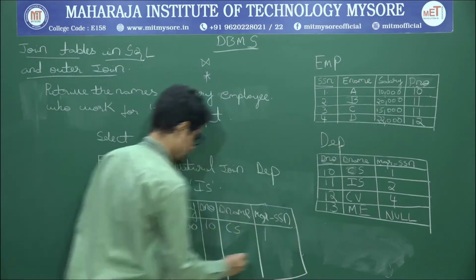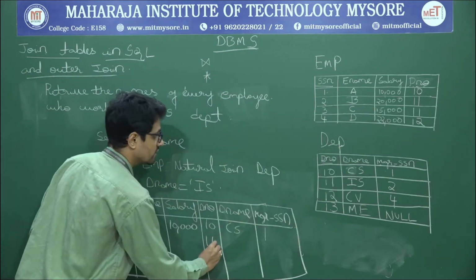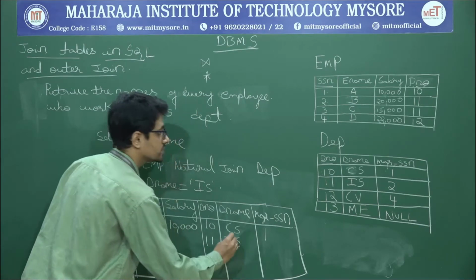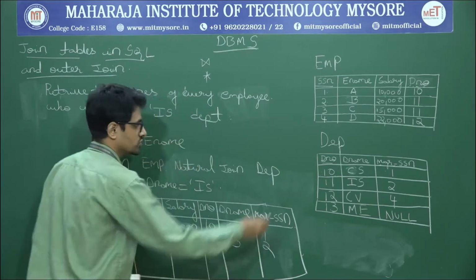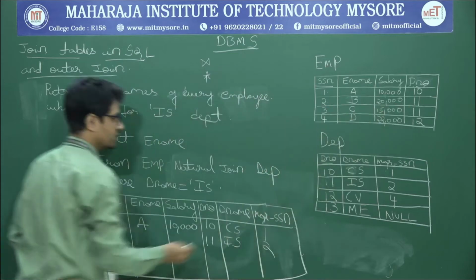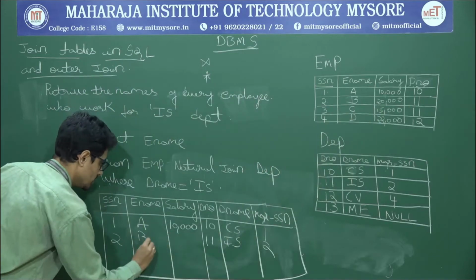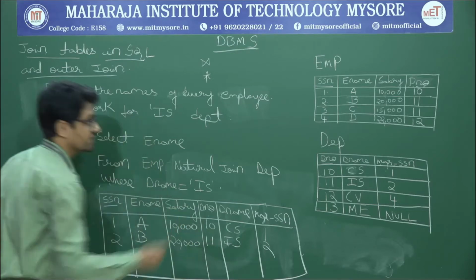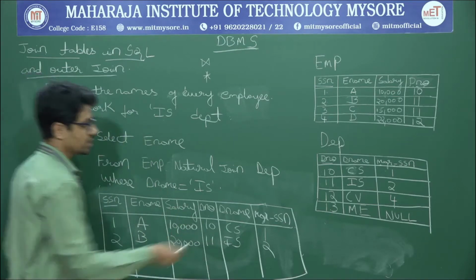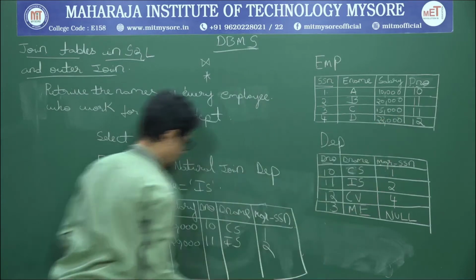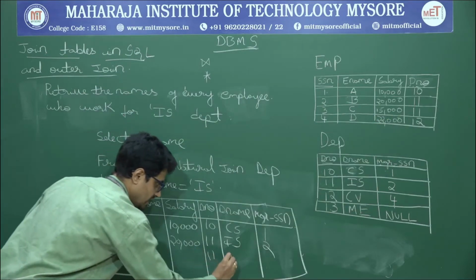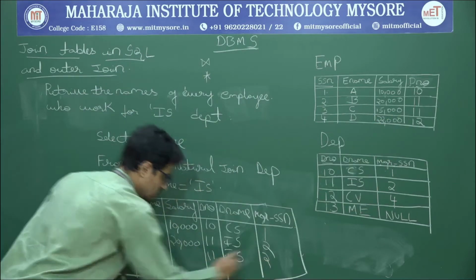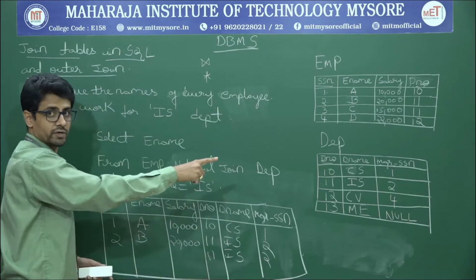Is 11 there? Yes. So write on the primary key table first: 11 IS2. Is there any 11 here? Yes, the second row is also 11. So write down 2B, 20,000, 11. Okay. Any more 11? Yes, we have one more 11. So this should be repeated again: 11 IS2, same thing, because in the foreign key table there is one more 11 being referred.